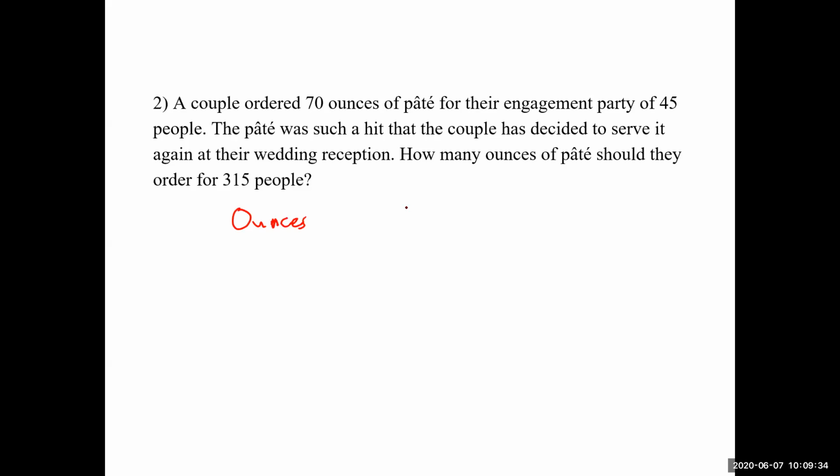And we're talking about people, okay? So I grouped them. I try to extract the context out. Now, the couple ordered 70 ounces. So I'll put 70 under ounces, and then I'll put 45 here. So they ordered 70 ounces for 45 people. All right.